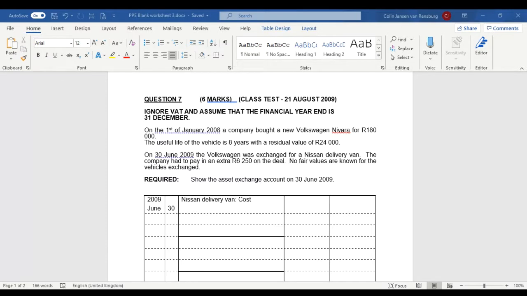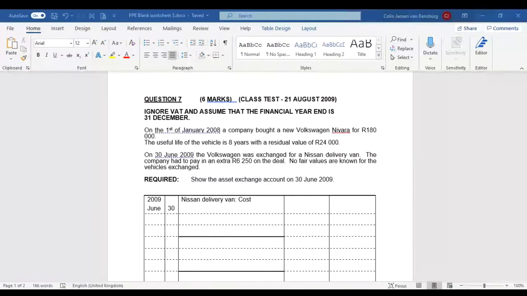But do we know the fair value of that asset? Yes or no? The one that we are now acquiring, the Nissan delivery van, do we know that fair value? Correct. Also, we do not know that fair value. So we know neither fair values. So that means we have to go to our third possibility.